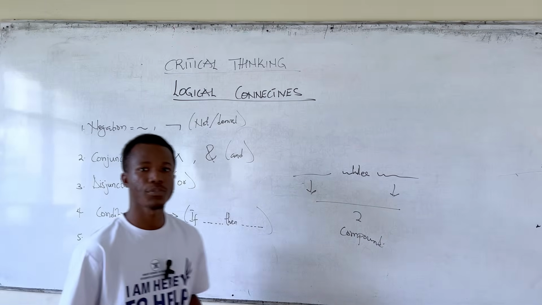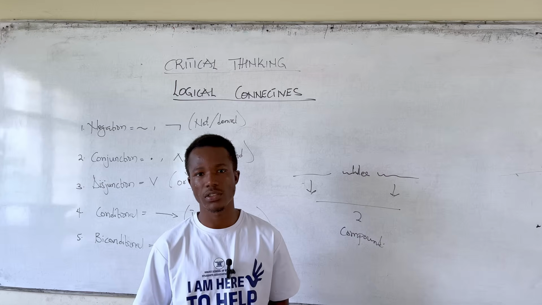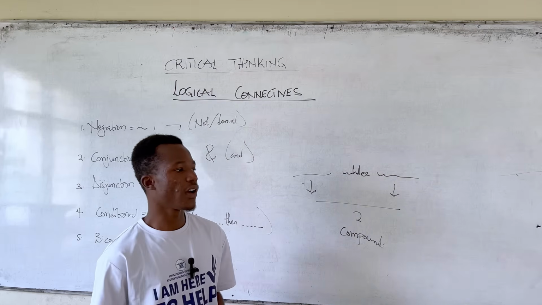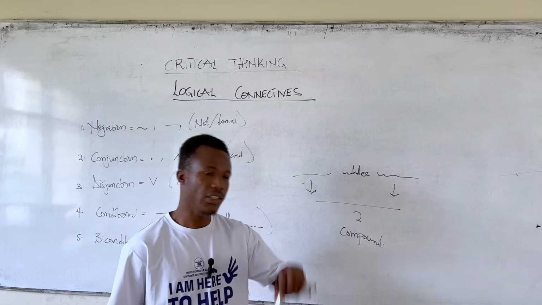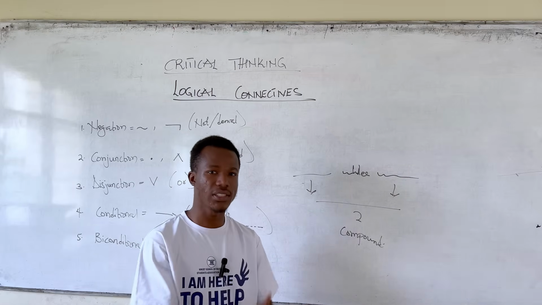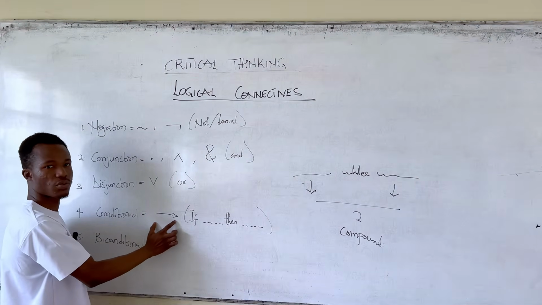So it is like, if you give me money, then I will give you food. Do you get it? It is a conditional statement. If it rains today, then I will not go to class. It's a conditional. So once it rains, then you do not go to class. So it is represented by this symbol.